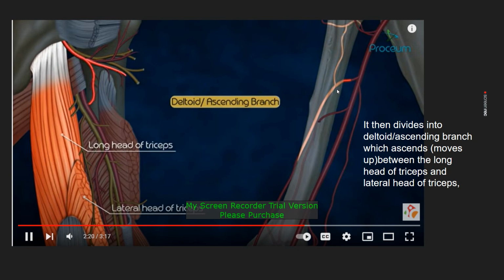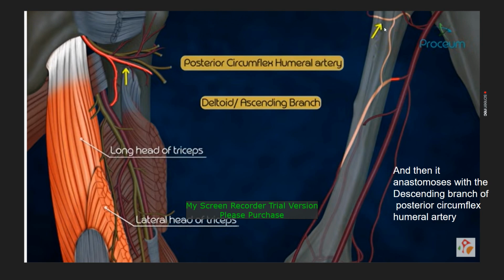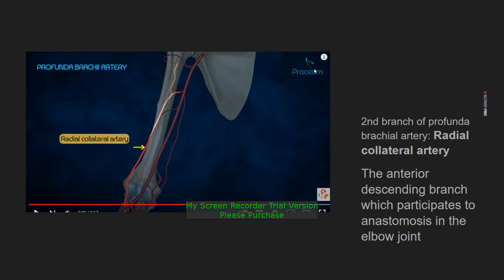The first branch given by the profunda brachii artery is the deltoid or the ascending branch. It ascends upwards and anastomoses with the descending branch of the posterior circumflex humeral artery.